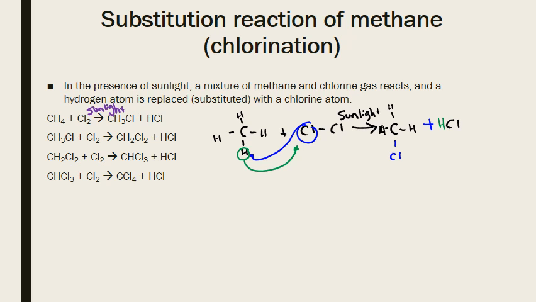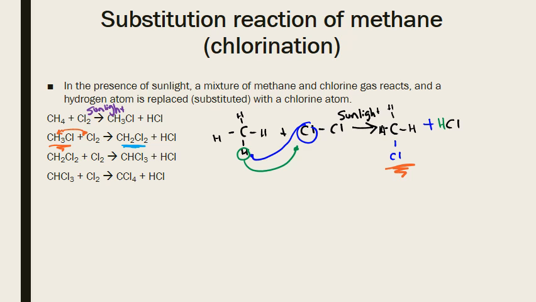We then take this molecule that we obtained here, CH3Cl, and we add Cl2 to it to give us CH2Cl2. So this H here is substituted with one of these Cl's here to give us CH2Cl2 plus HCl. And then again we use the product here and we add more Cl2 to it.